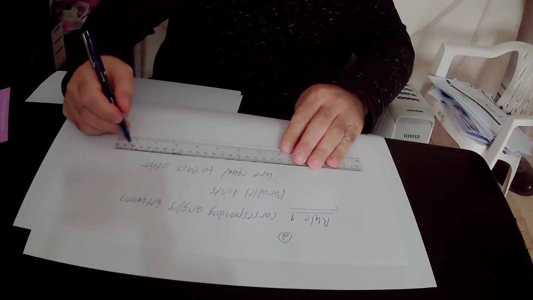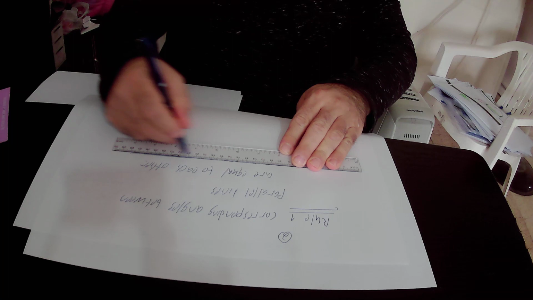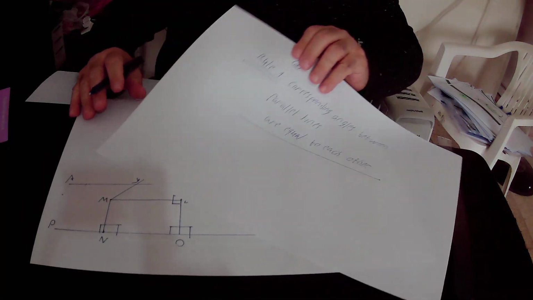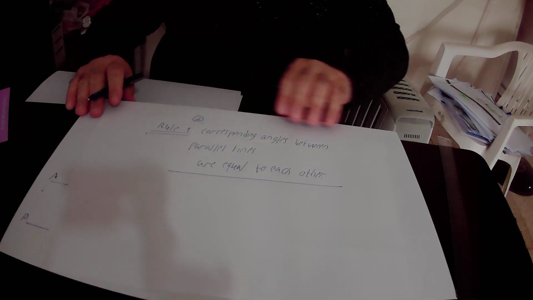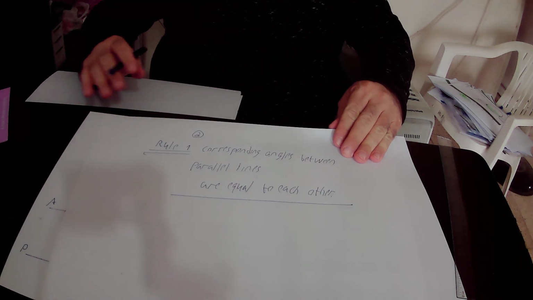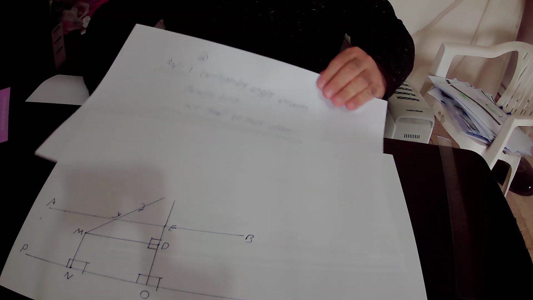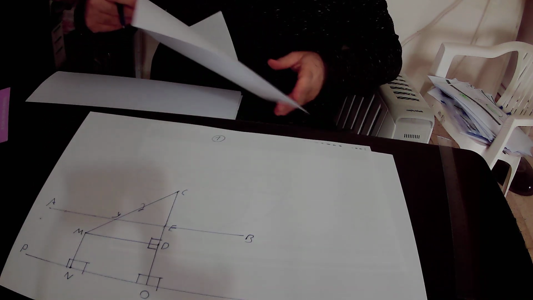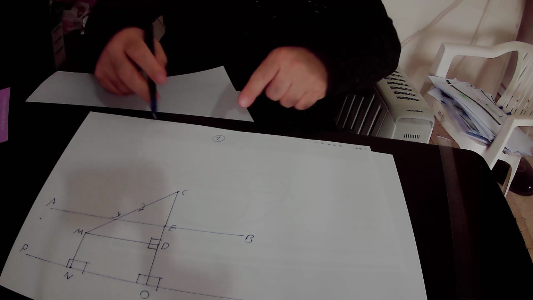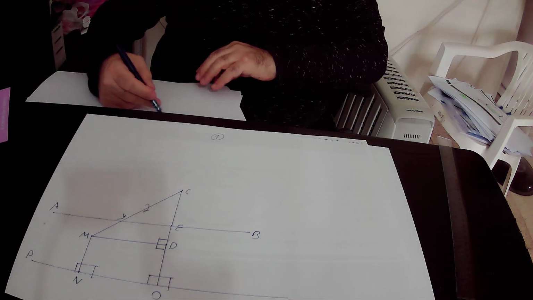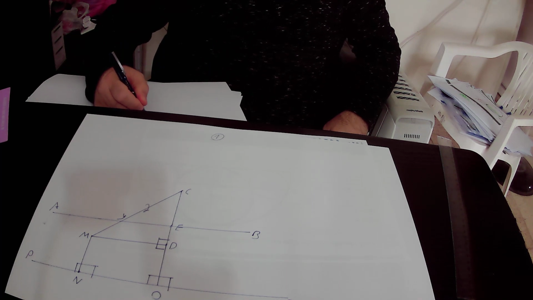So I will read rule number one again. According to rule number one, corresponding angles between parallel lines are equal to each other. So we know that AB is parallel to PQ.